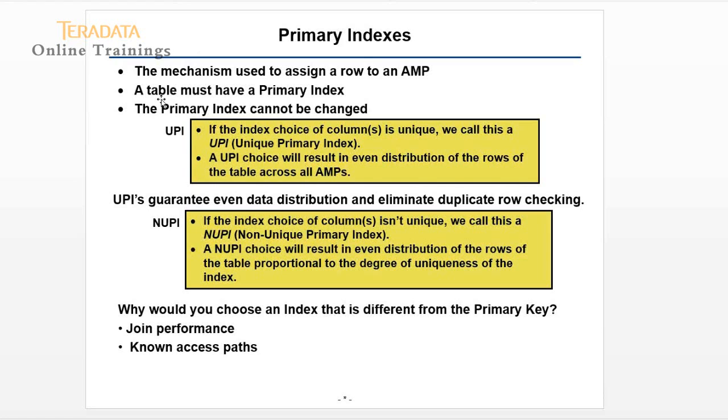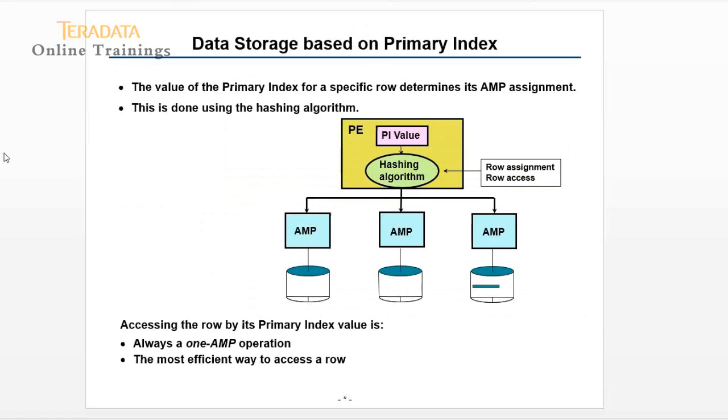Now, how will the data be stored with a primary index? The parsing engine will take the PI value based on the hashing algorithm. The primary index value will be chosen, and the corresponding AMP will be determined by the hashing algorithm.